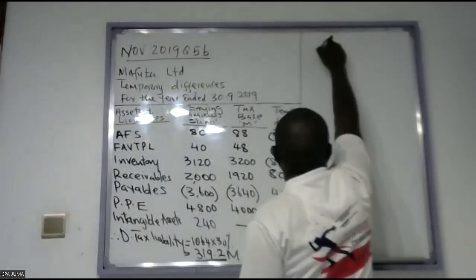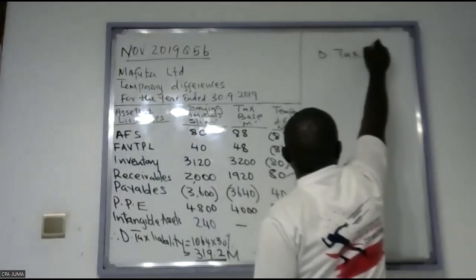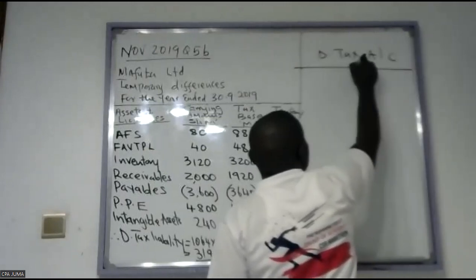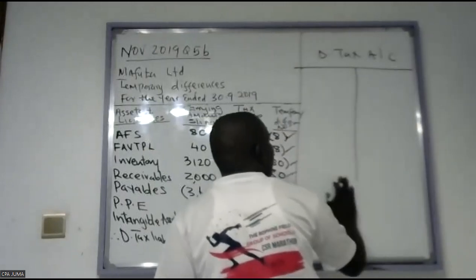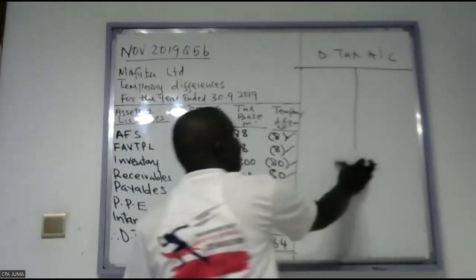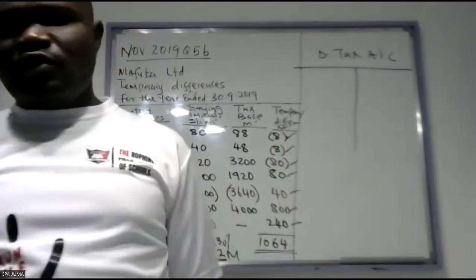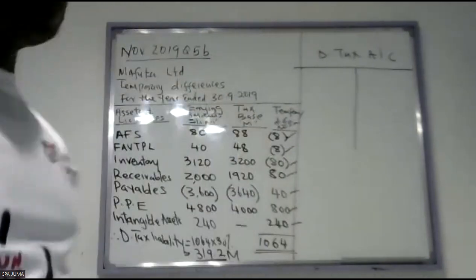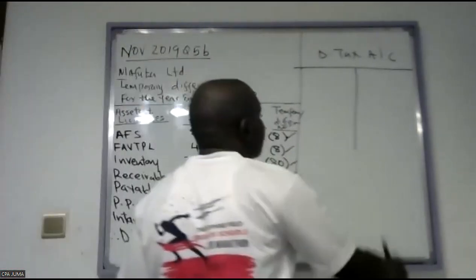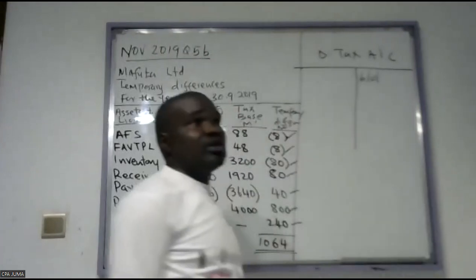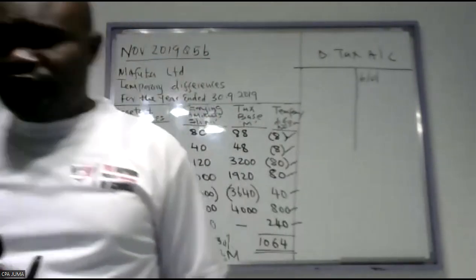So, deferred tax account. Just rough. Deferred tax account, balance brought down, the opening balance.